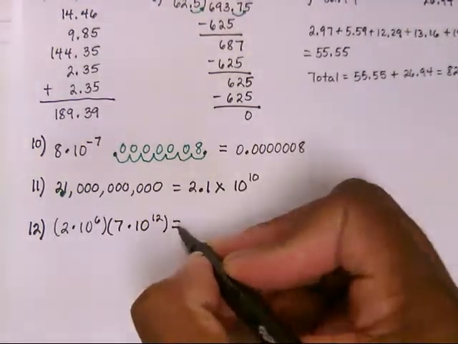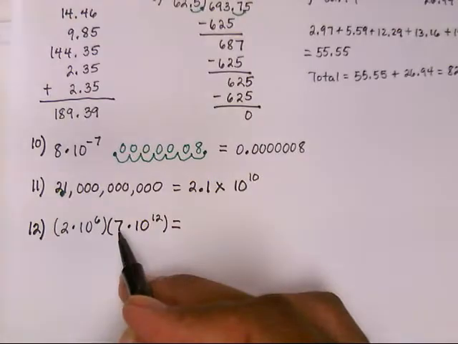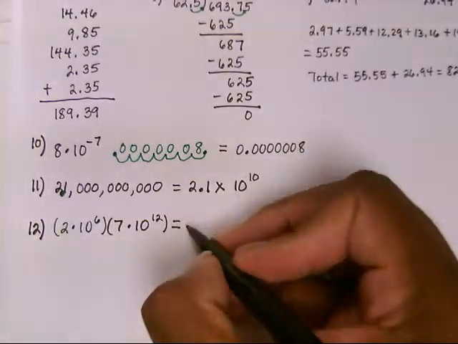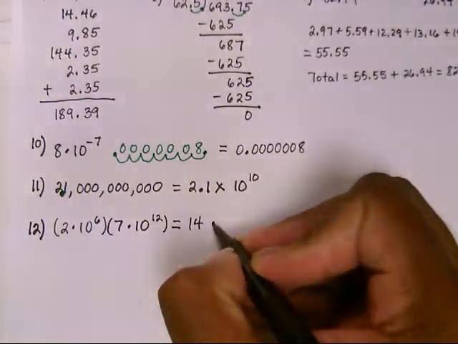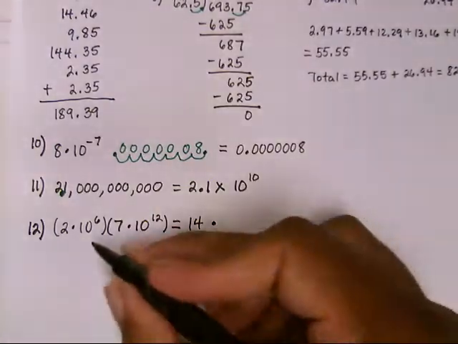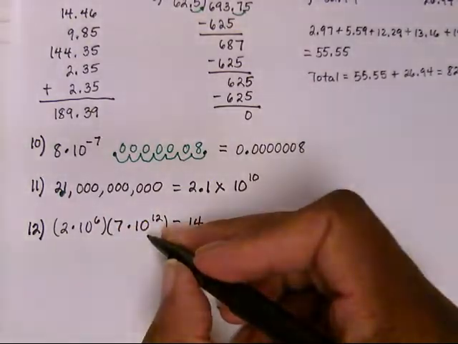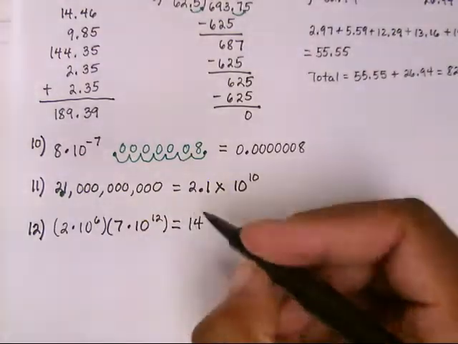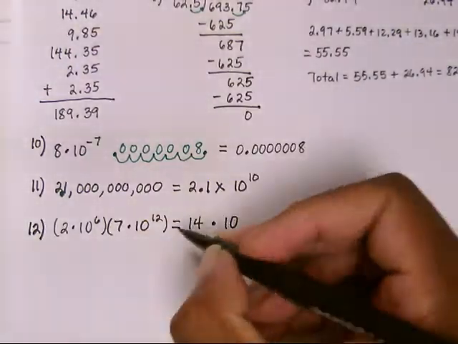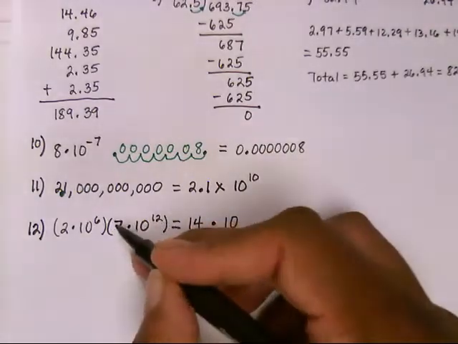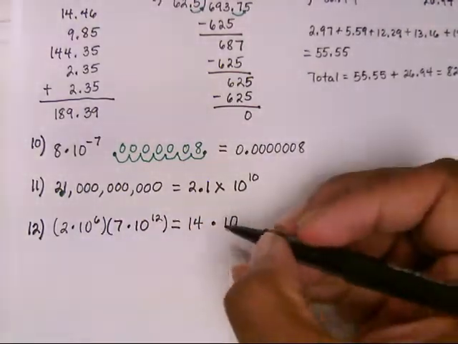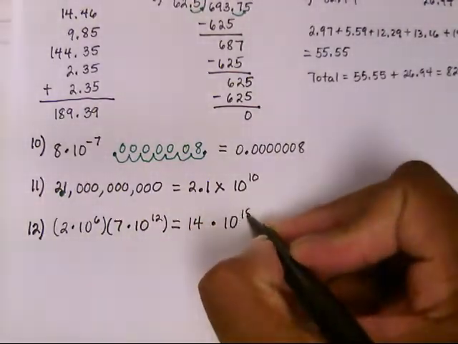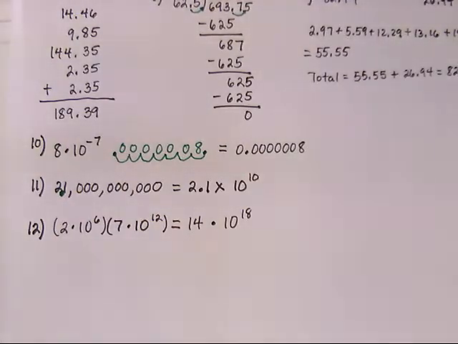In this case here, I'm going to multiply the numbers in front, like 2 times 7, that's going to give me 14, times, now when we multiply powers of the same base, we only add the exponent. So here, 10 to the 6 times 10 to the 12th, we bring over the base of 10 and add the exponents of 10. So 6 plus 12 is 18. So I got 14 times 10 to the 18th power.